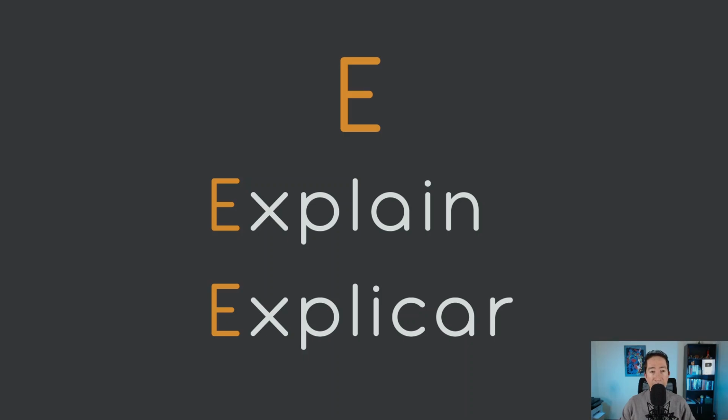So, a word that has the same meaning in Spanish and English. Explain. How is explain in Spanish? Well, you can see there how you can write the word and every letter in that word. So explain in Spanish is explicar.